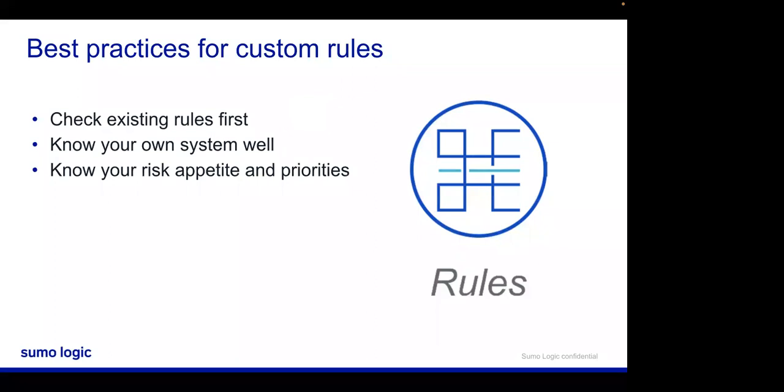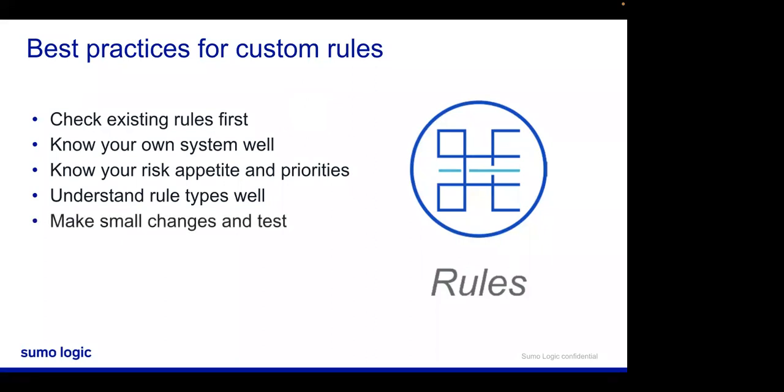Understand your risk appetite and priorities, right? If you're a typical software company, you've got a certain amount of risk appetite. If you are a hospital or a credit card company or something like that, your risk appetite for data breaches and stuff is much less, much more at risk. And then, of course, understand these 4 different rule types well.